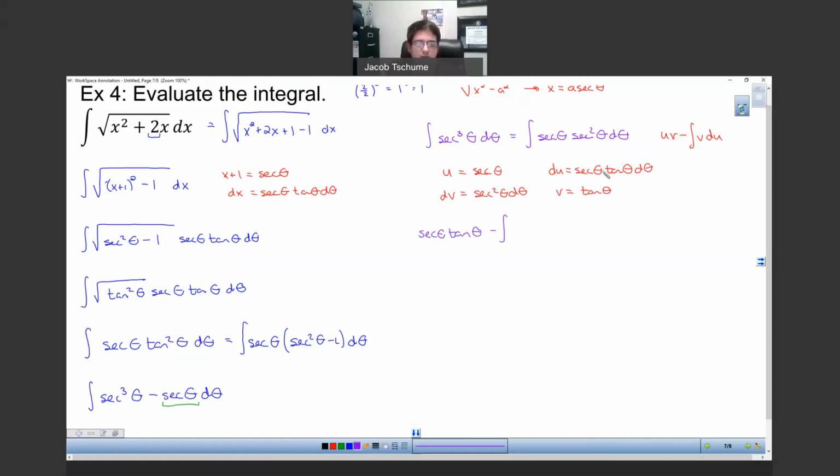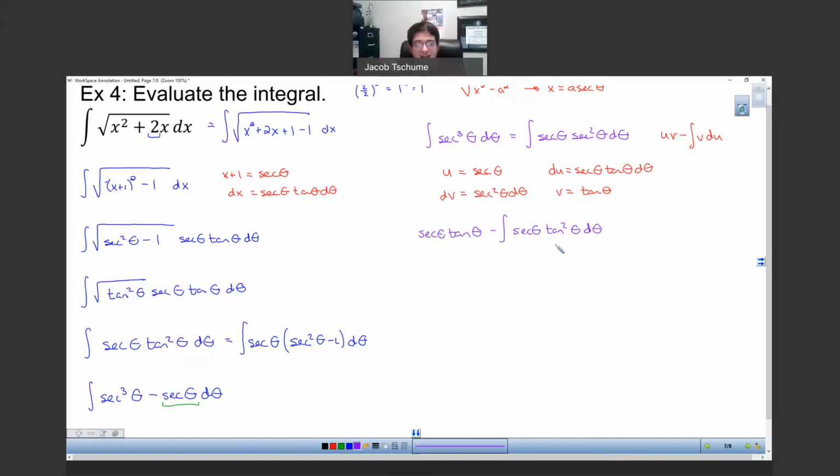So if you multiply your v and du together, you're going to get secant theta times tangent squared theta d theta, which looks strangely like the same thing we got over here when we were doing our initial trig sub.